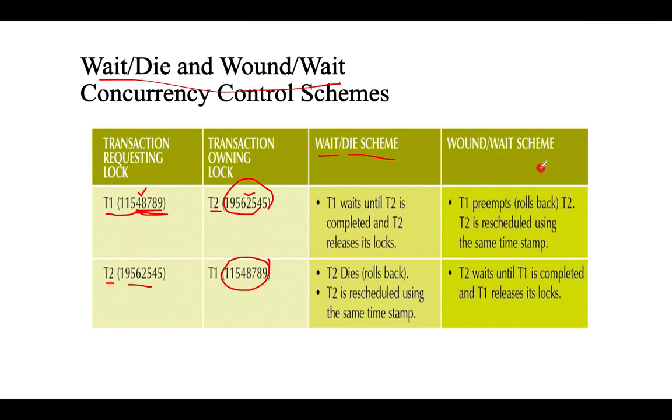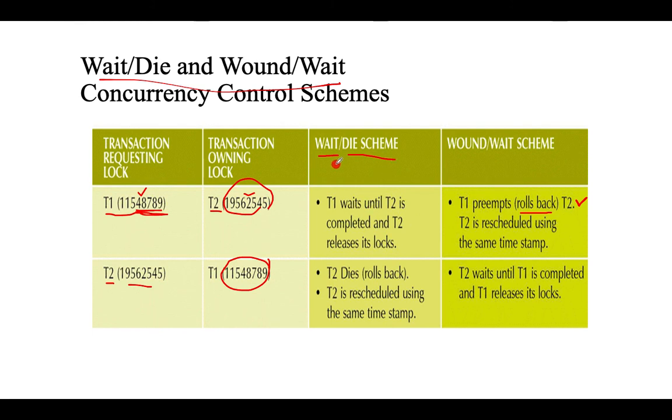And in the wait-wound scheme, T1 preempts and rolls back T2. Means if some changes are made by T2 and those changes are not committed, those changes would be rolled back, and this is done by T1. T2 is rescheduled using the same timestamp. So after that the resource is given to T1 and T2 is rescheduled.